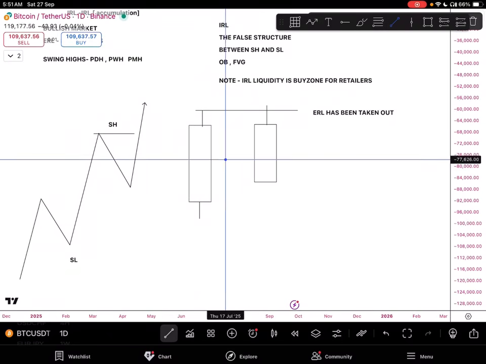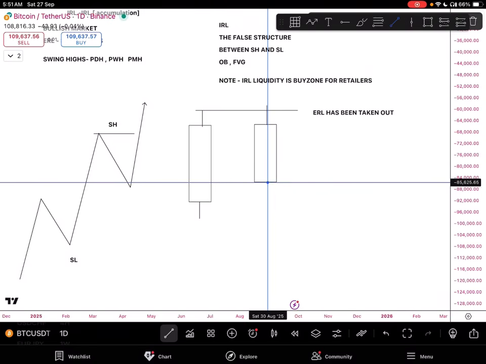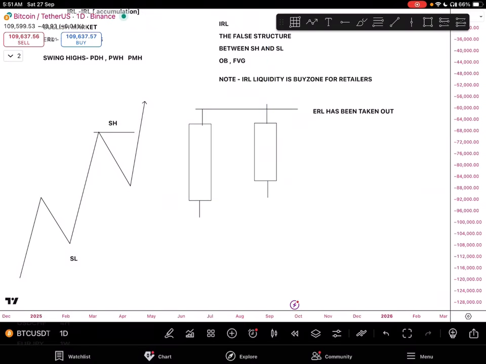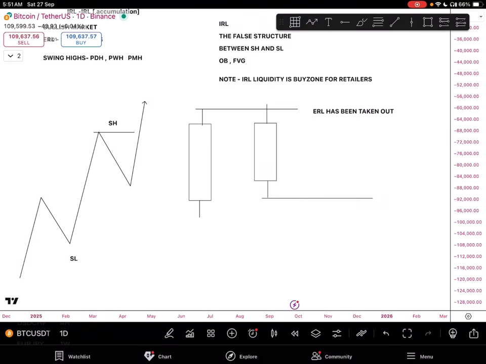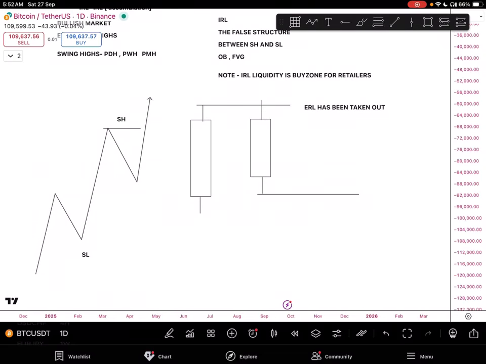Now, what do you call this low? What do you call this? External range liquidity or internal range liquidity? Just think about it.